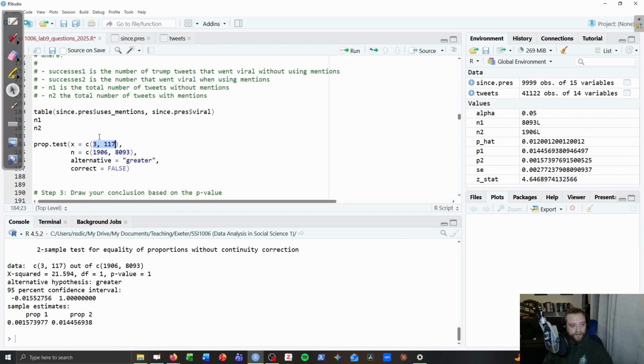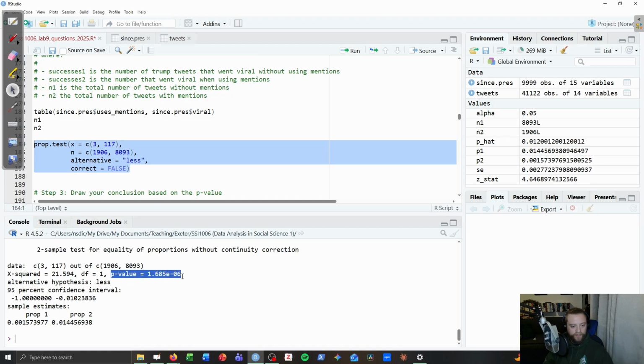And that's telling us that this is not greater than this. So the order in which we make these lists also matters here. We've got to remember that when we say greater, we're saying, is this first pair, 3 and 1906, greater than this second pair? And if we change that to less, we get the same as our original result.